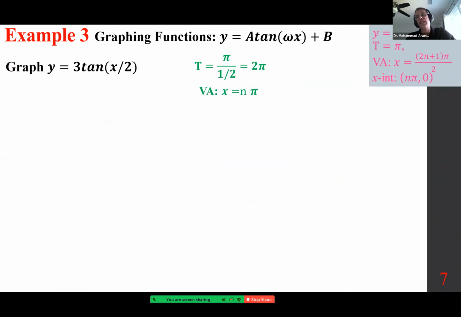So VA is n pi. The reason it becomes n pi is because you replace this with 2 pi. And when you replace this with 2 pi, the 2 cancel out.